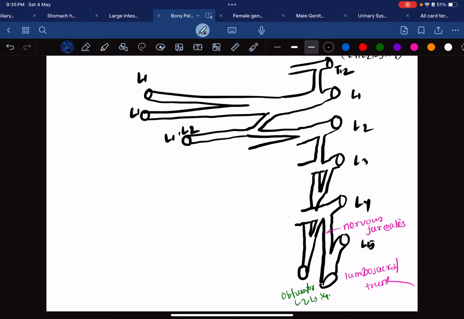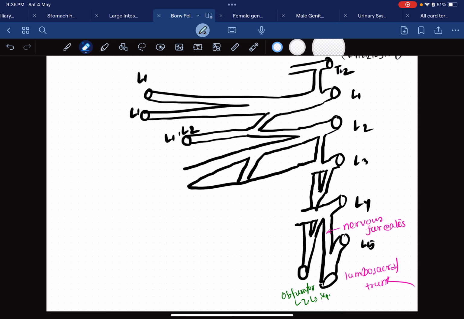Lumbar 2 will move forward and go down giving two divisions, one of which will be received with lumbar 3 to form the lateral femoral cutaneous.